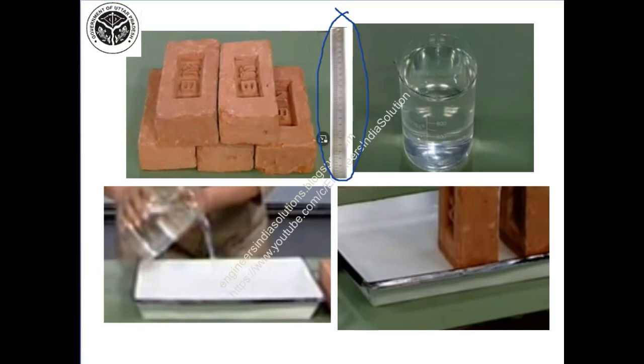Here we have the scale, and the scale is in centimeters. As you can see in the figure, we are pouring water. Now the water is poured inside this tray, and we place a scale right inside the tray and maintain the level up to about 2.5 centimeter.